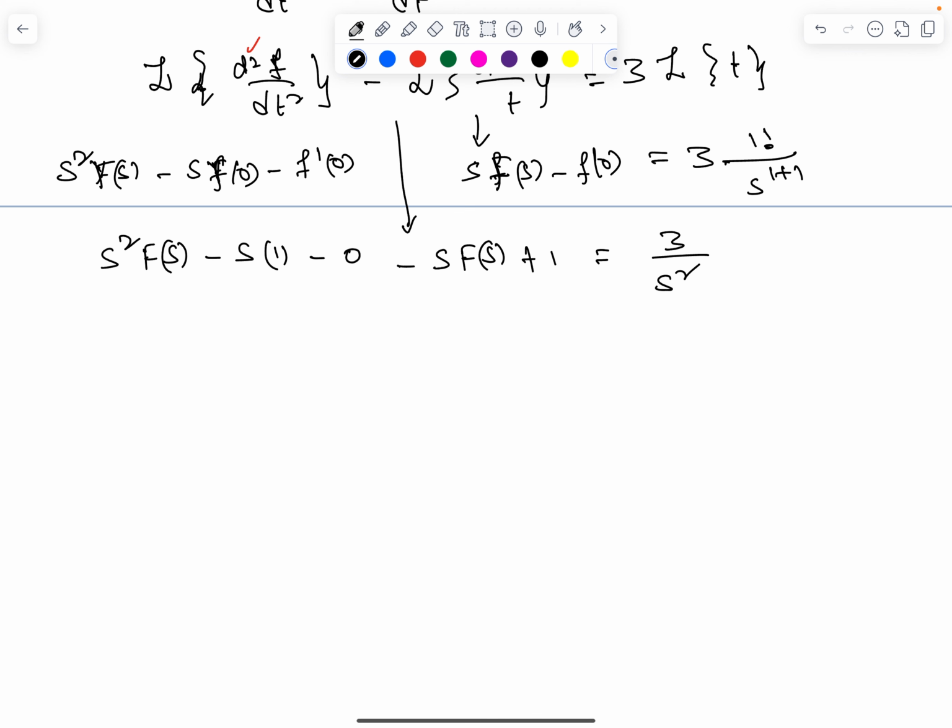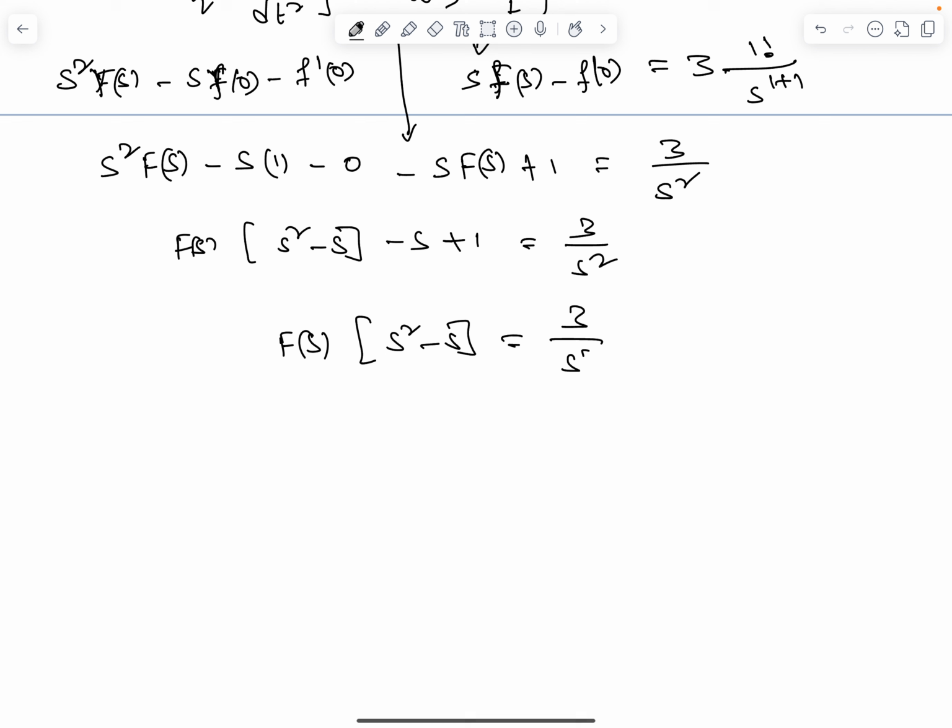Simplify. Collect the F of s terms, like s square minus s, this is minus 1 plus 1, 3 by s square. Therefore, if you write F of s into s square minus s, this is minus 1 plus s.